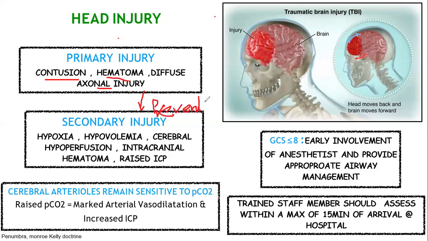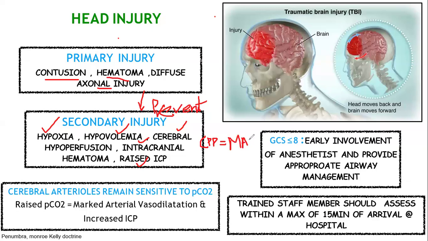How can we prevent it? We have to apply oxygen if the patient undergoes hypoxia. We have to maintain the volume. We have to maintain the cerebral perfusion pressure, evacuate the intracranial hematoma if we are able to, and manage the raised ICP. We also have to maintain normoglycemia, right? Cerebral perfusion pressure: why is it important to maintain it to prevent secondary brain injury?